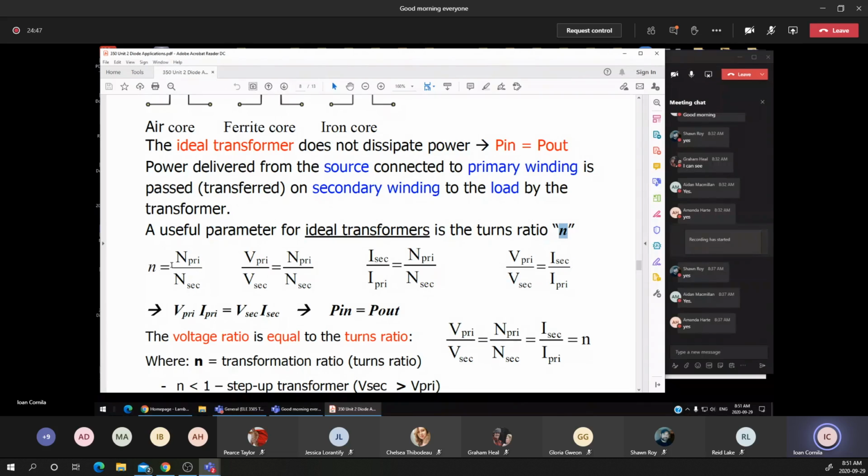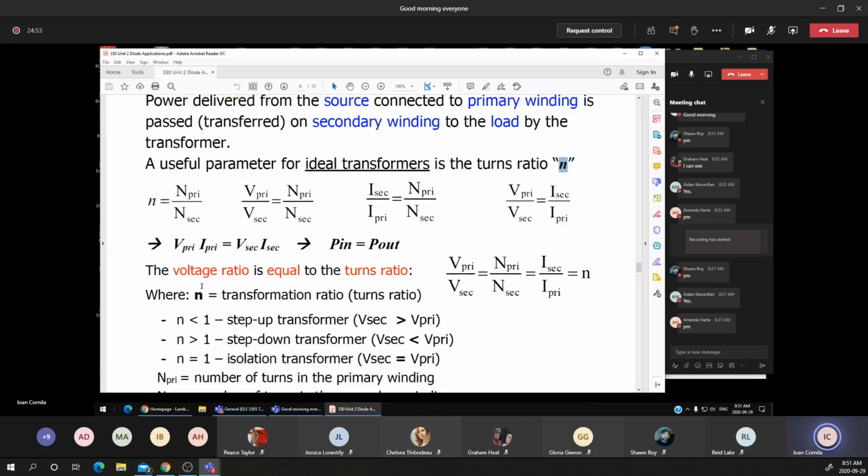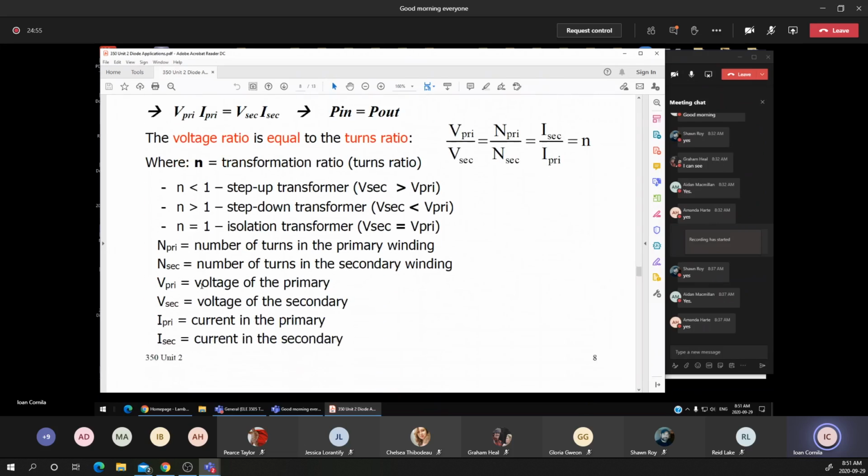Again, the turn ratio, lowercase n, is the number of turns in the primary winding over the number of turns in the secondary winding. Down below on page 8, I put in writing exactly what uppercase N PRI and N SEC mean: how many turns we have in the primary winding and in the secondary winding.